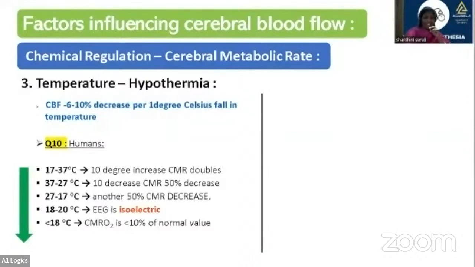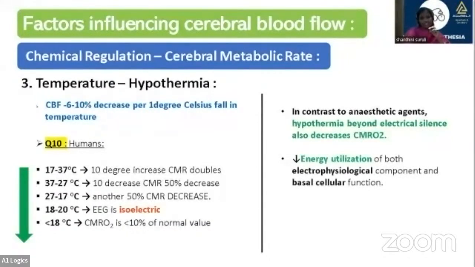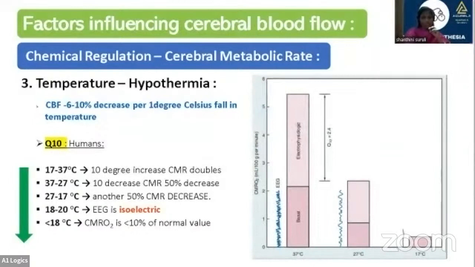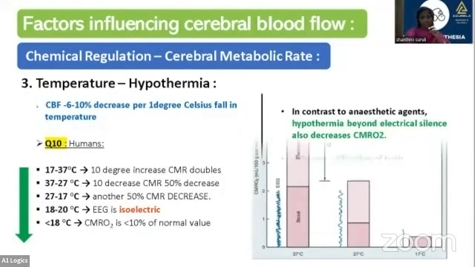Less than 18 degrees, the EEG is isoelectric and the cerebral metabolic oxygen consumption is less than 10% of the normal value. In contrast to anesthetic agents, hypothermia decreases cerebral metabolic rate beyond the electrical silence. That is, it decreases the energy utilization of both the electrophysiological component and the basal cellular function, not in a proportional way, but preferentially it suppresses the basal component.